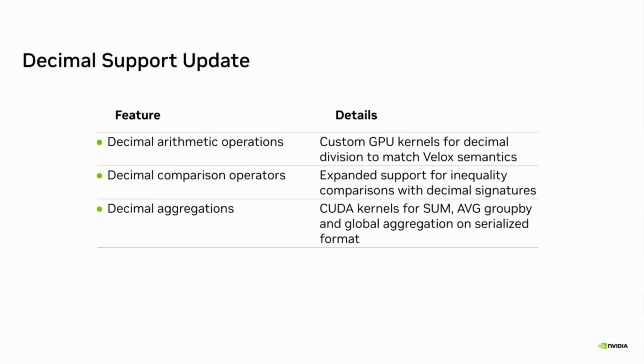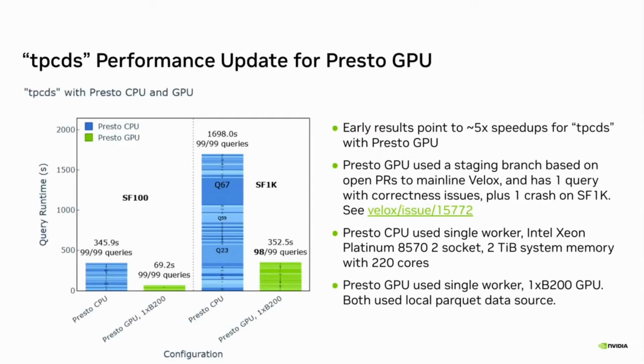Now, all of this progress has helped us run TPC-DS for SF100 and SF1K. This bar plot shows the query runtime for these benchmarks on two different test environments.